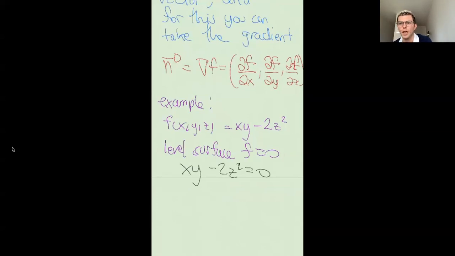Okay. And so what's a point that belongs to this surface? Well, let's see. Look at the point, find the tangent plane to this surface.